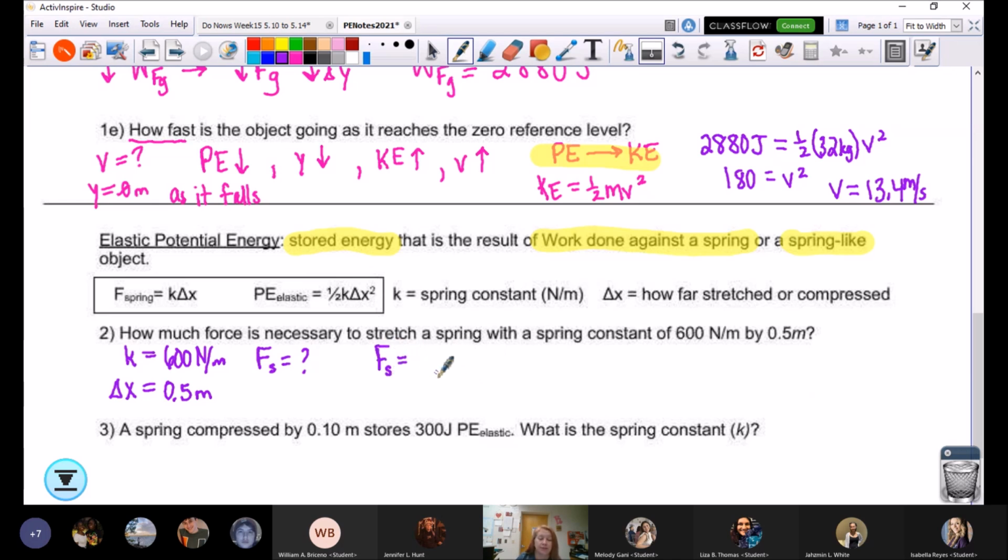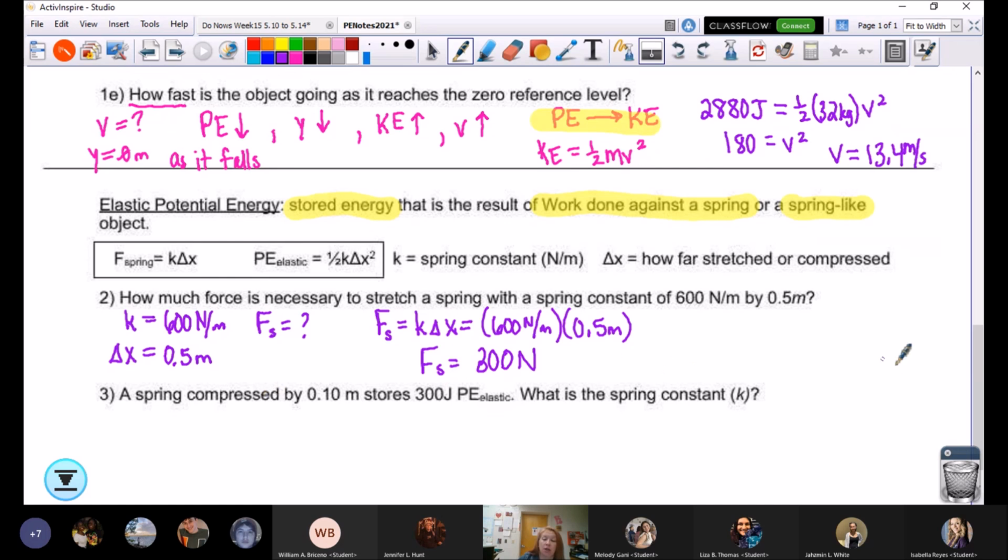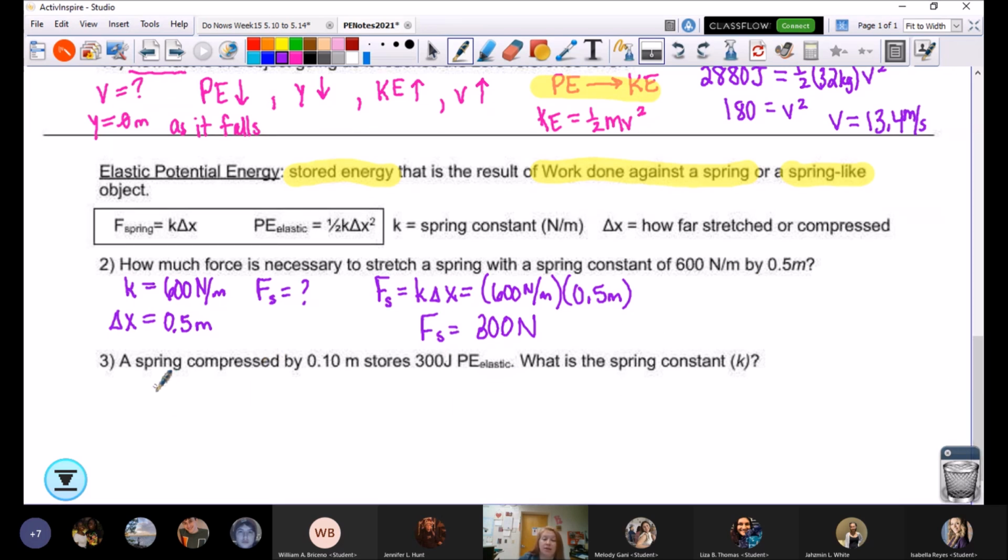It's pretty easy. Remember, forces are measured in newtons. So the first problem is an example of how to use the first equation. The second example is using the second equation.